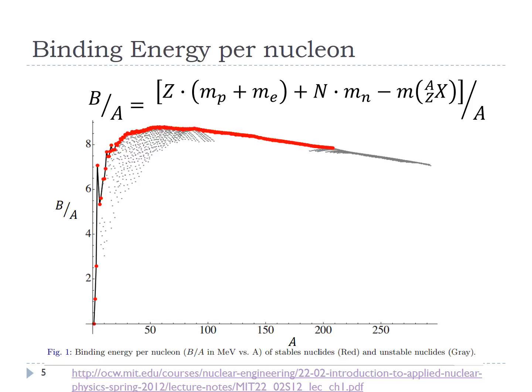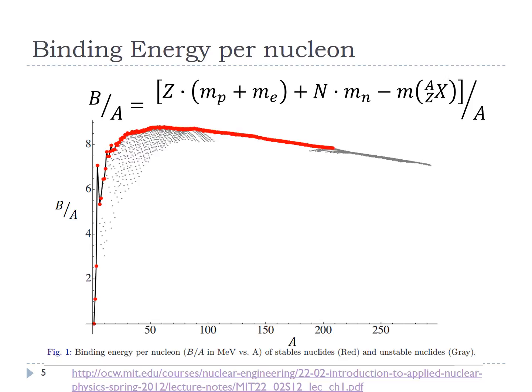So that binding energy is the difference, right? It's the difference in the rest mass of the constituent parts. So in this case, there's going to be Z protons and Z electrons and N neutrons. So it's the difference between the rest mass of the individual particles compared to the rest mass of the atom itself.